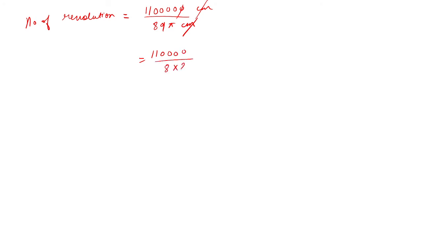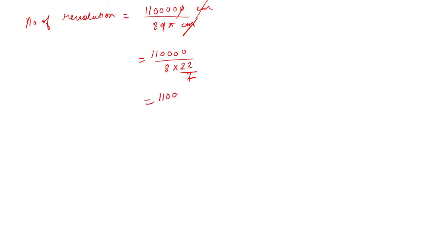Therefore the number of revolutions is equal to the total distance, 11 lakhs, divided by the distance of one revolution, which is 80 pi centimeters. Cancel centimeters, one 0 goes, one 0 goes. You have 11 times 10,000 over 8 times pi, and pi can be written as 22 by 7.